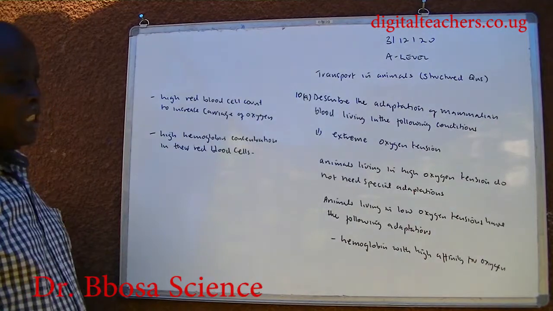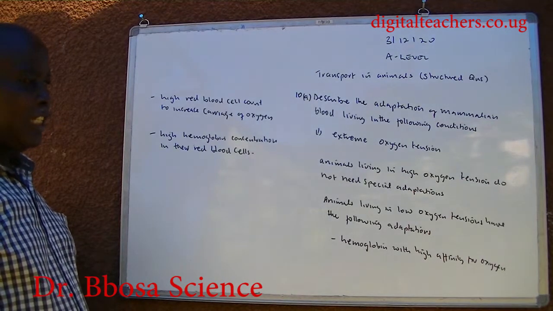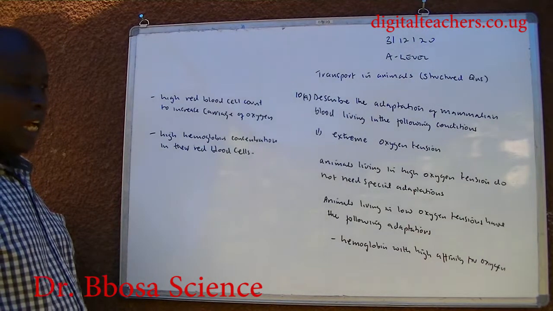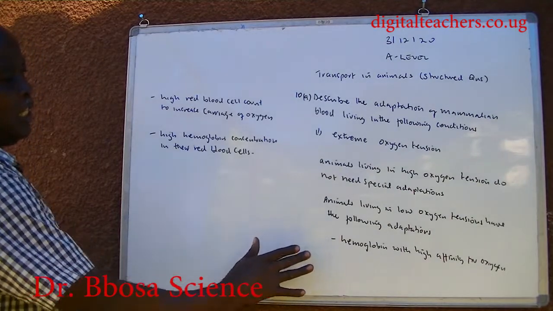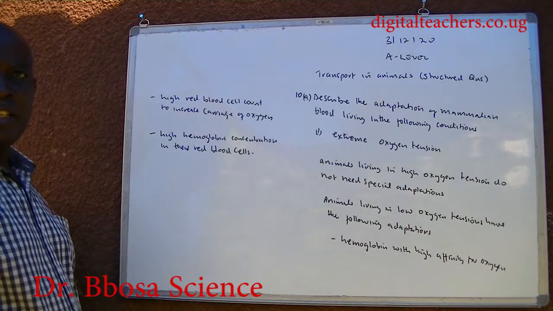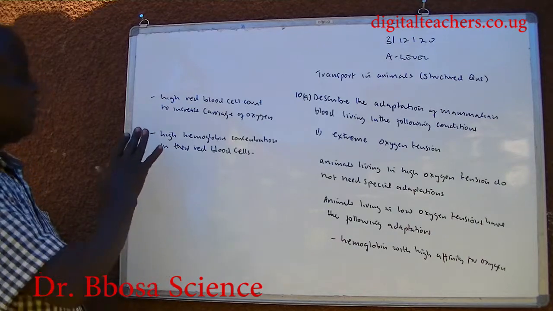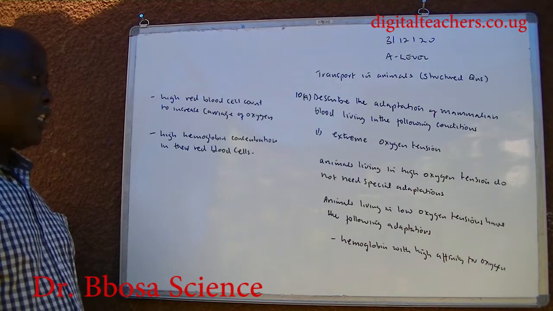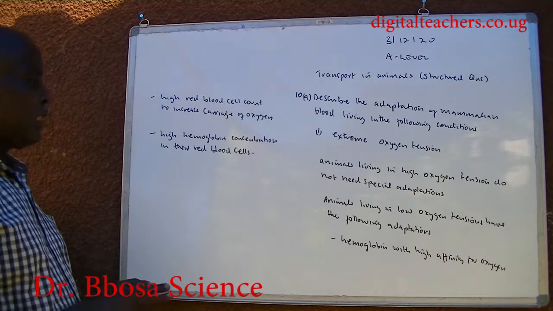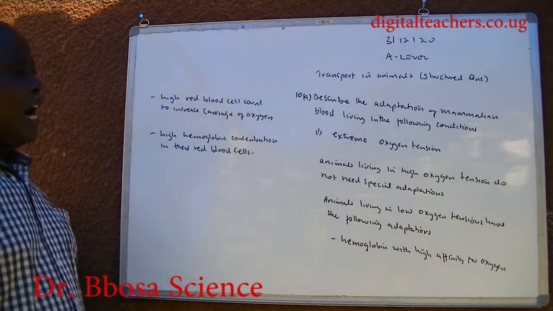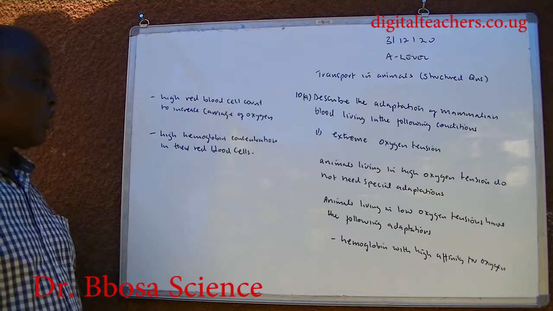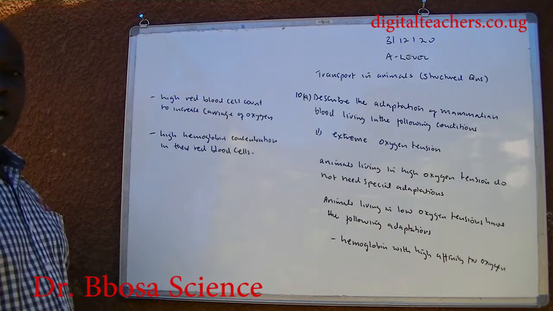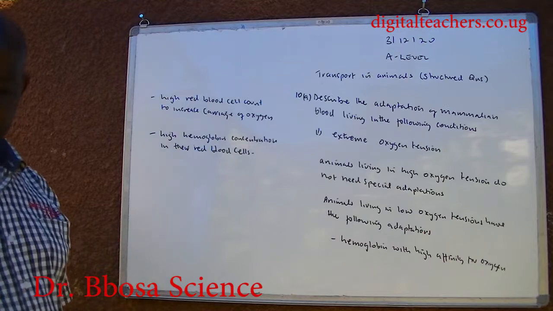However, animals living in low oxygen tensions have the following adaptations. 1. Hemoglobin with high affinity for oxygen. 2. High red blood cell count to increase carriage of oxygen. 3. High hemoglobin concentration in their red blood cells.